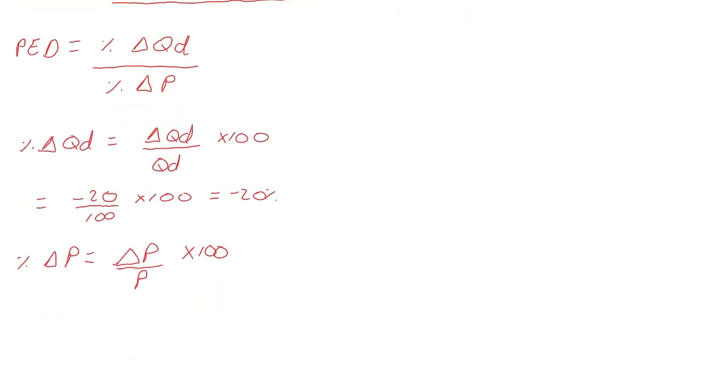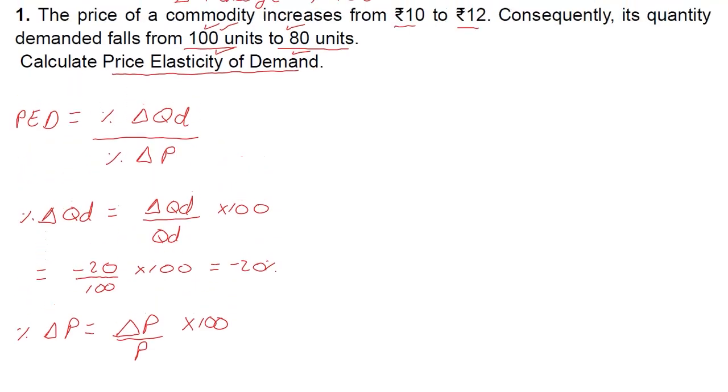Similarly, if I want to calculate percentage change in price, it's going to be the new price minus the old price. Okay, so this time it will be 12 minus 10 upon 10. Okay, which is what? 12 minus 10 is 2, right?